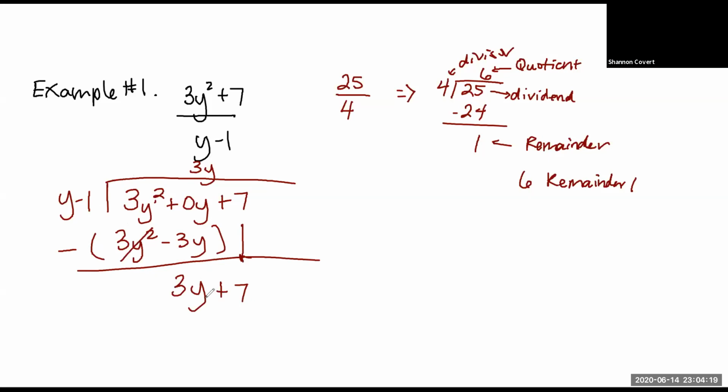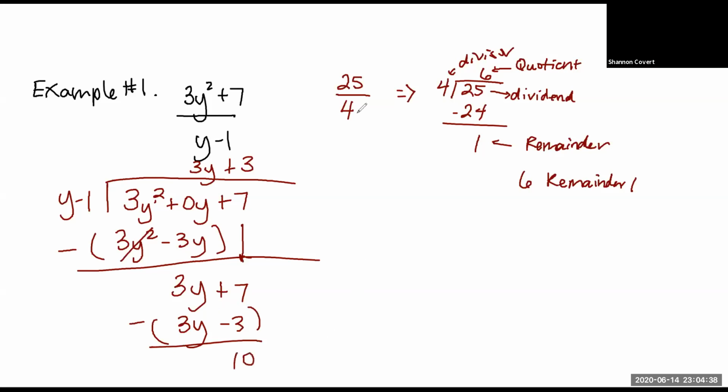Y times what gives me 3y? The answer is plus 3. 3 times y is 3y. 3 times negative 1 is negative 3. Remember, I'm subtracting those. 3y minus 3y is 0. 7 minus a negative 3 is 10.